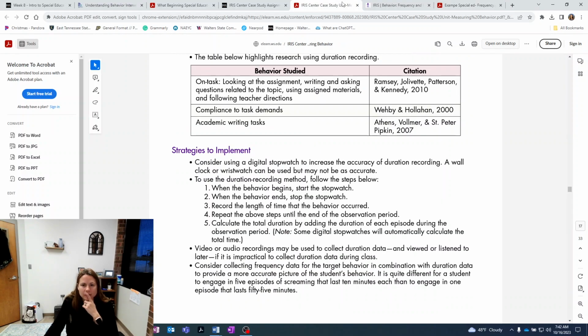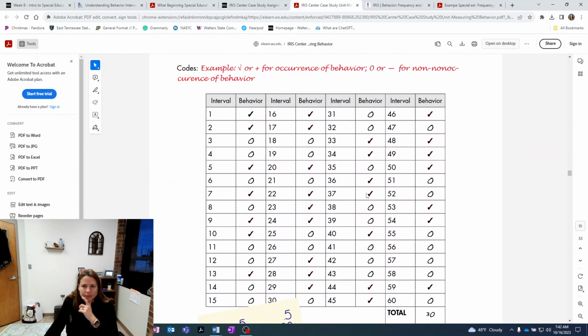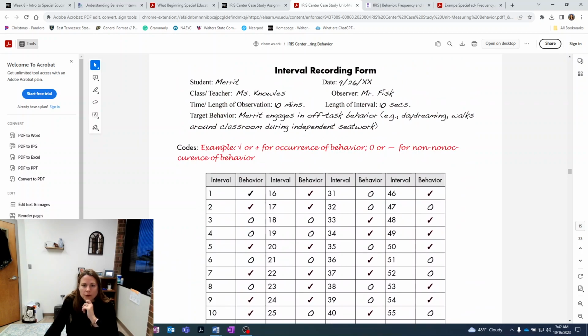So let's go back for 1 minute and look at what they did up here. Okay. So you'll look here that they observed the student for 10 minutes. She says the target behavior. She explains specifically what this student's doing. Engages in off-task behavior: daydreaming, walks around the classroom, doing independent seat work.